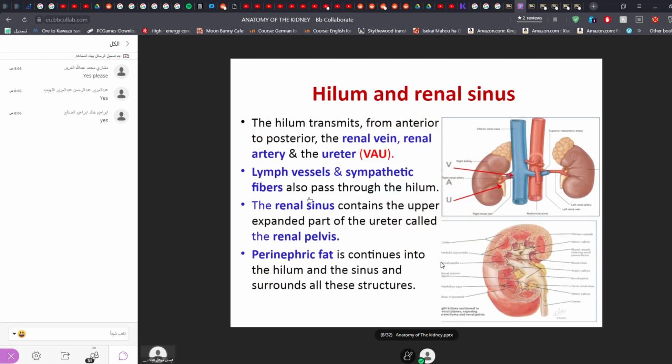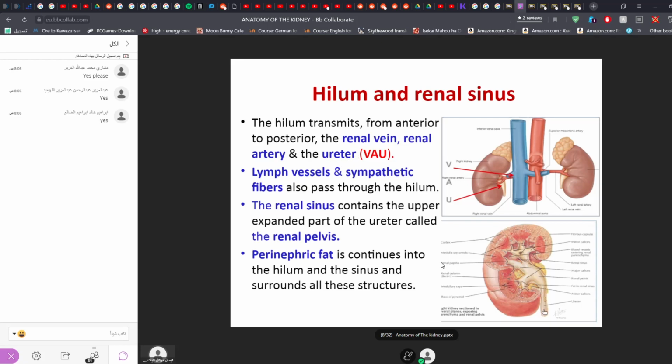Now the hilum transmits structures. Can you see? If we compare from anterior to posterior, the structures entering or leaving are: first the renal vein, then the renal artery, and lastly, posteriorly, the ureter.